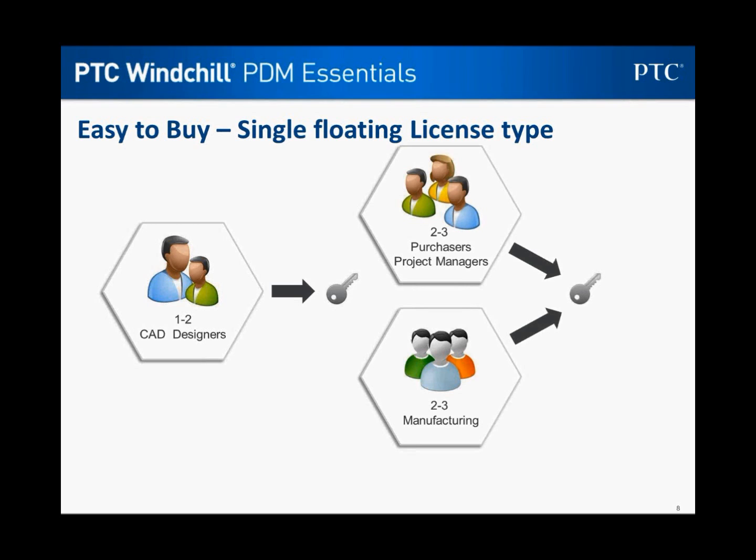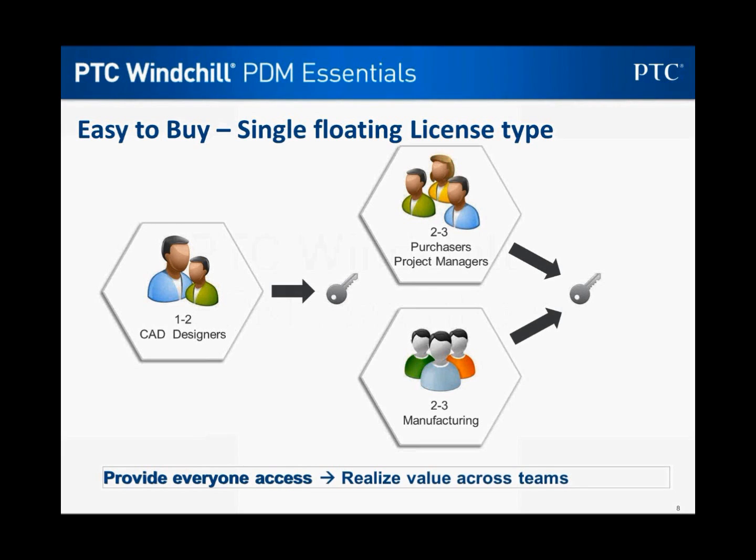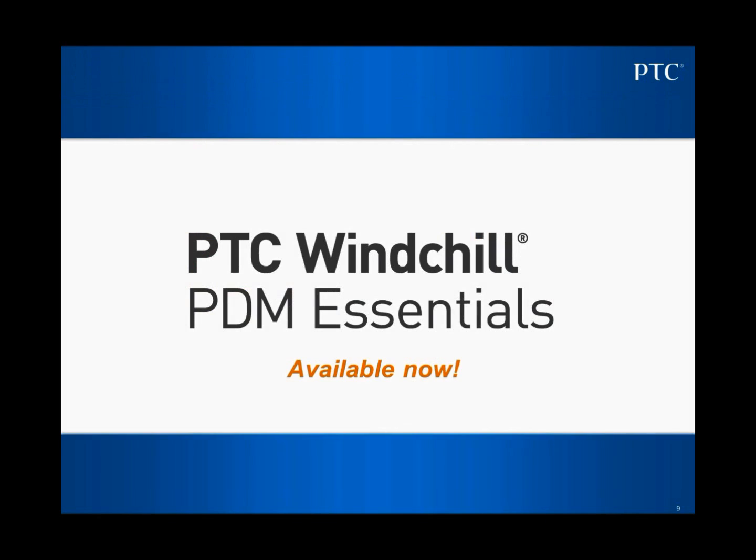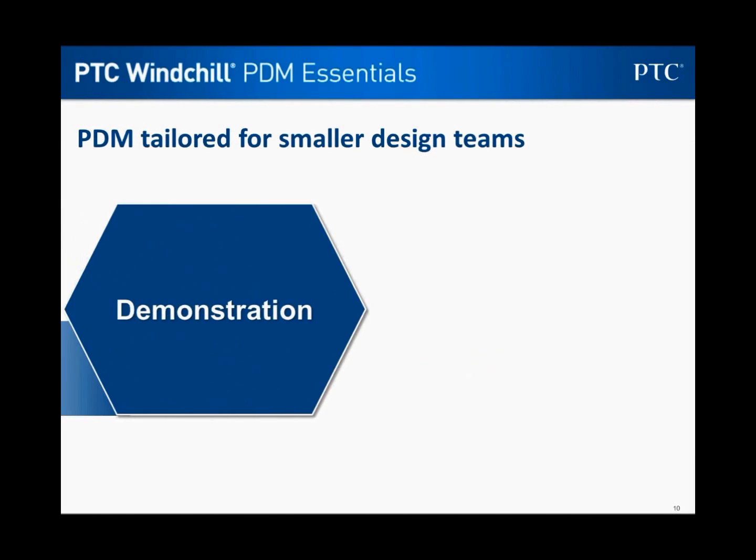So you really are paying for value that you use. You're not paying for seats that are sitting out there. And furthermore, you can invite everybody, provide everyone access, and realize the value across all the teams. Pay only for those seats that you're actually concurrently consuming. It's available now, and I'll follow with a demonstration.